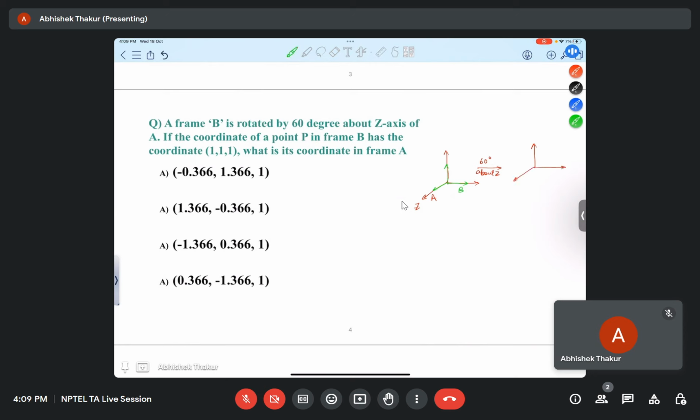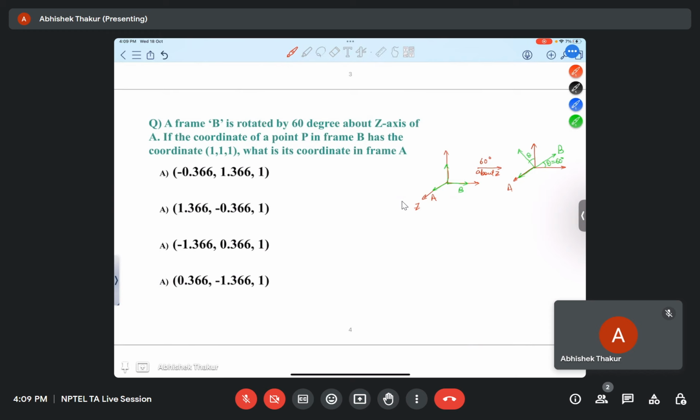Now in frame B, the Z axis will be the same, only the X and Y axes are rotated by theta, that is equal to 60 degrees. This is frame B and this is frame A.